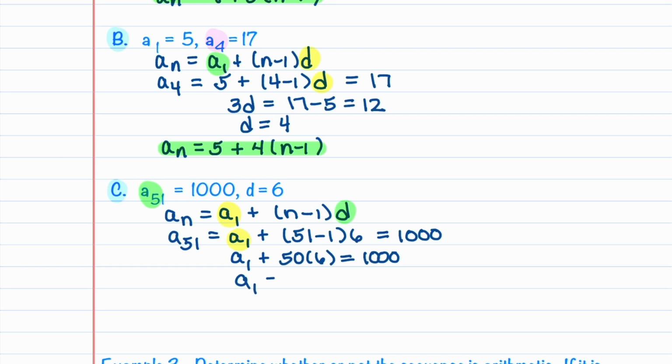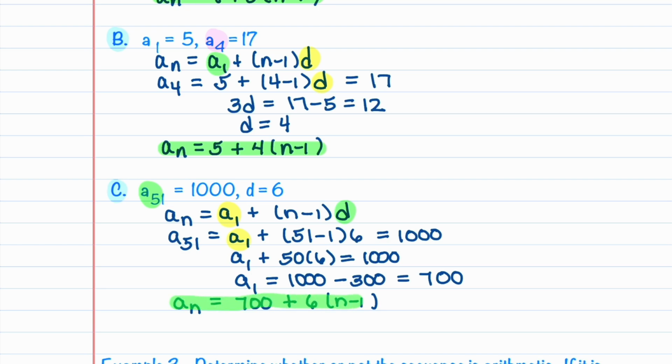So A1 is going to be 1,000 minus 50 times 6, which is 300. So A1 is equal to 700. Now we can go ahead and write down our formula. A sub n is equal to A1, which is 700, plus D, which is 6, times n minus 1. And there's our answer.